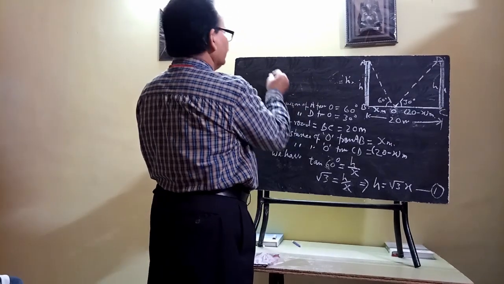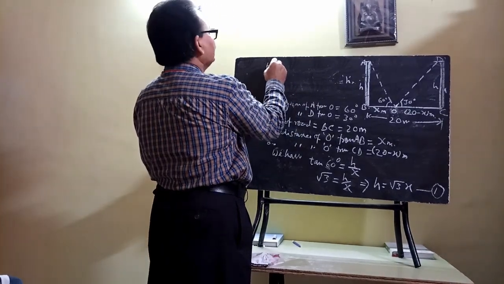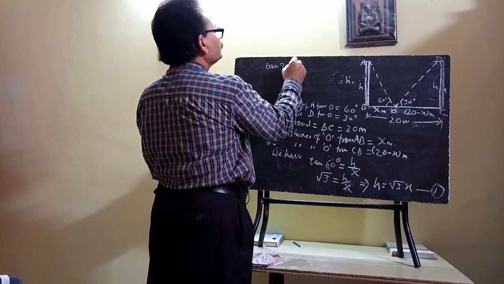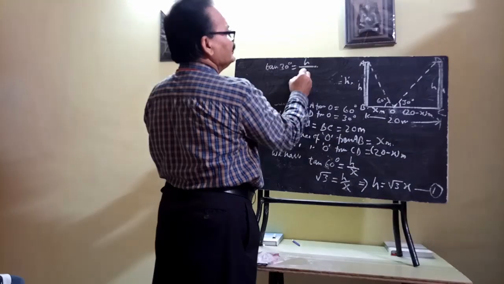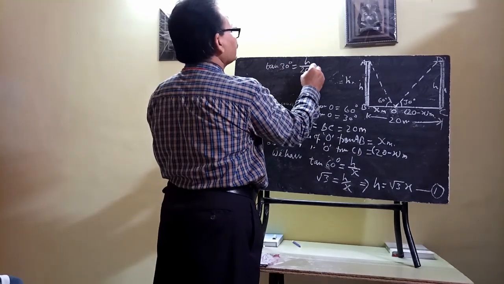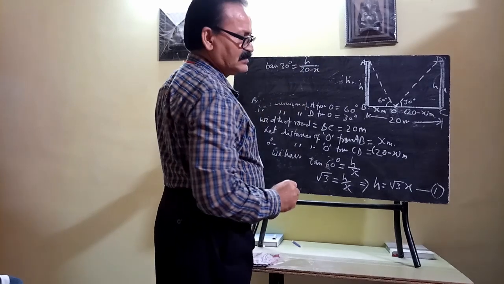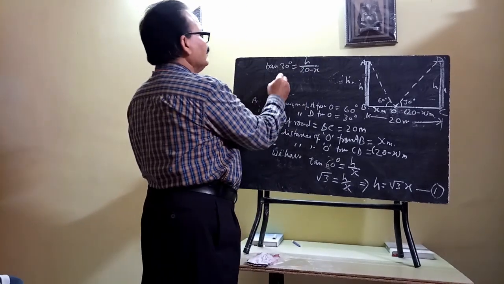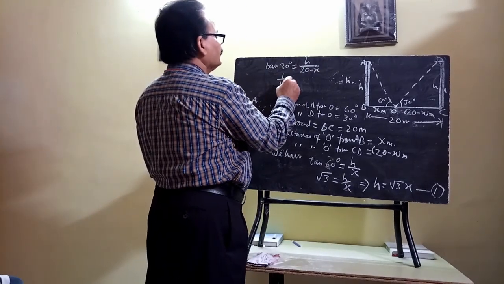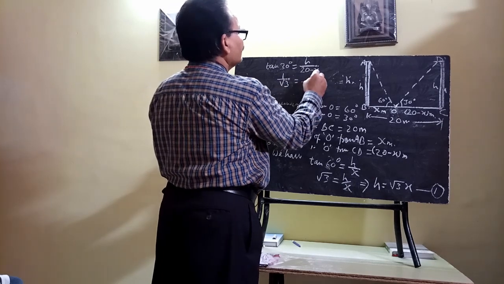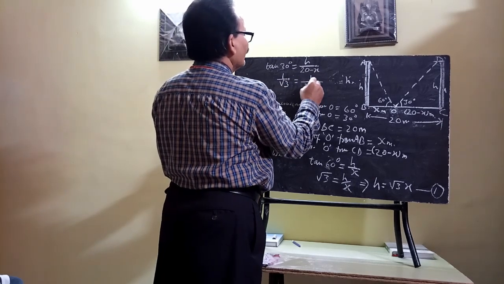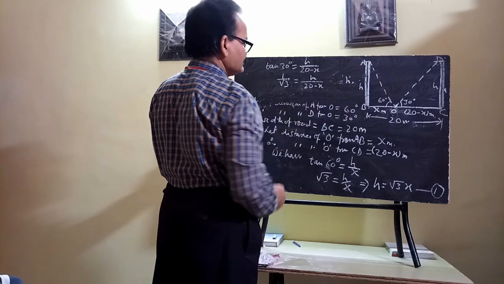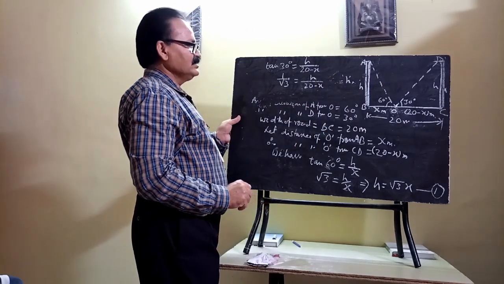Now similarly, take tan 30 degree equal to H by 20 minus X. And you know the value of tan 30 is 1 by root 3. So 1 by root 3 is H by 20 minus X. Clear?